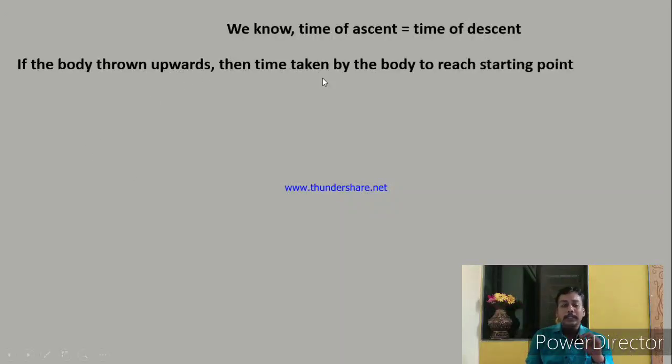Then if the body is thrown upwards, the time taken by the body to reach the starting point is T = 2u/g. That is, the time required to move upwards and the time required to move downwards are both equal, so the total time is T = 2u/g.